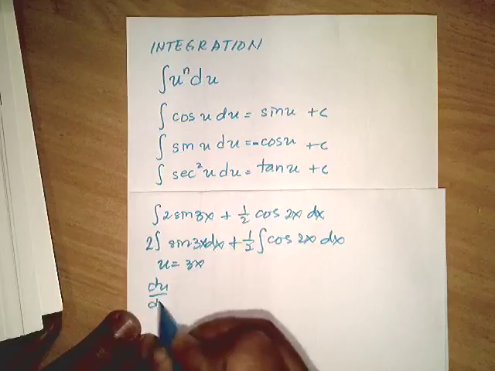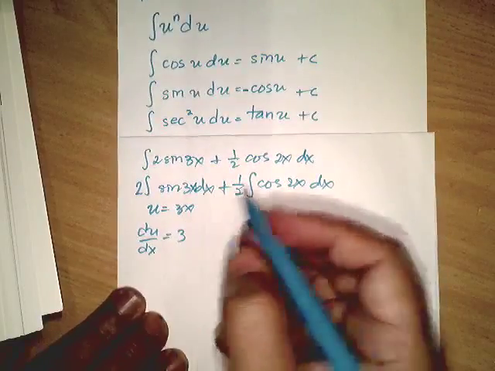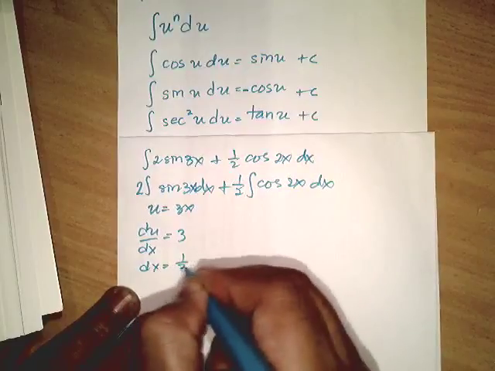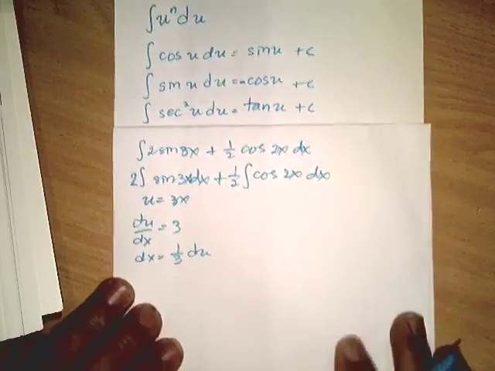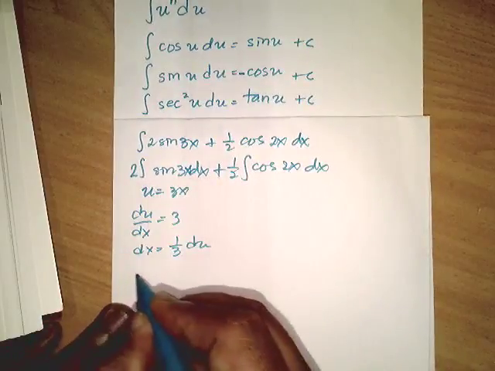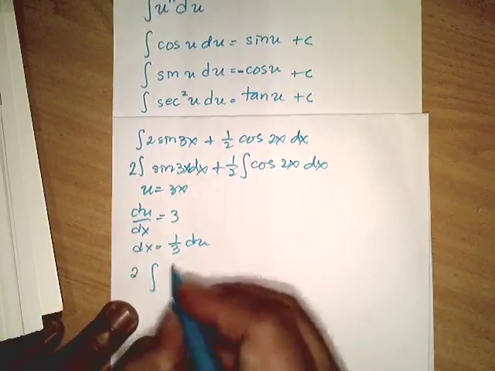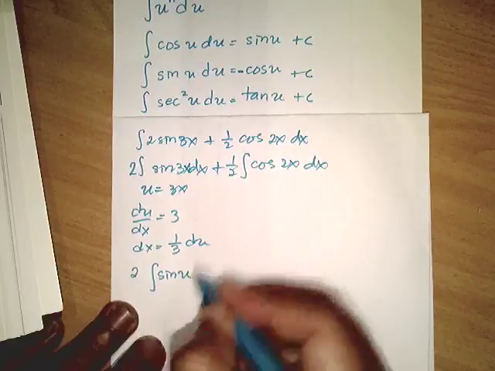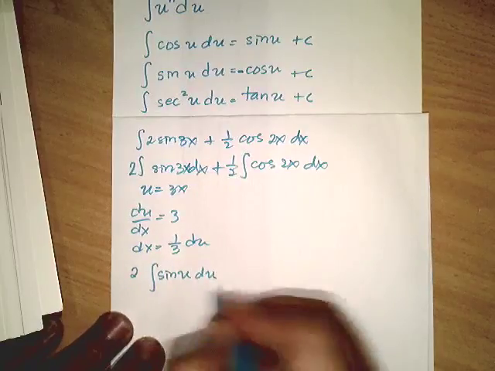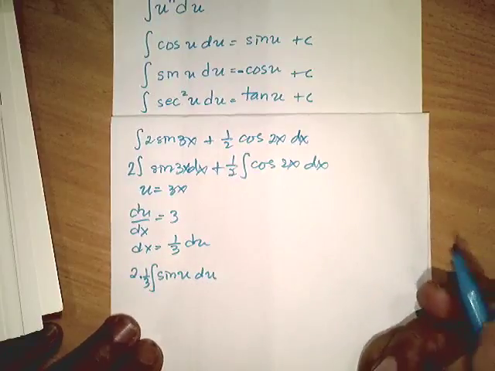The du/dx is equal to 3, so it implies that dx is 1/3 du. Therefore, this portion is now equal to 2 the integral of sine u, and your dx is 1/3 du. So I'll put the du, then I multiply this by 1/3.